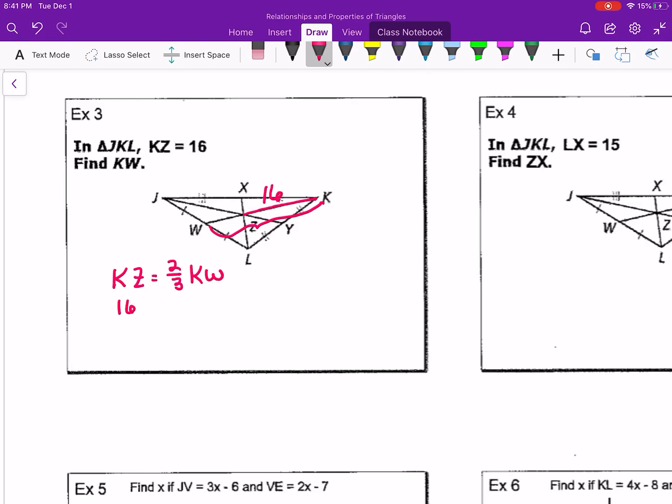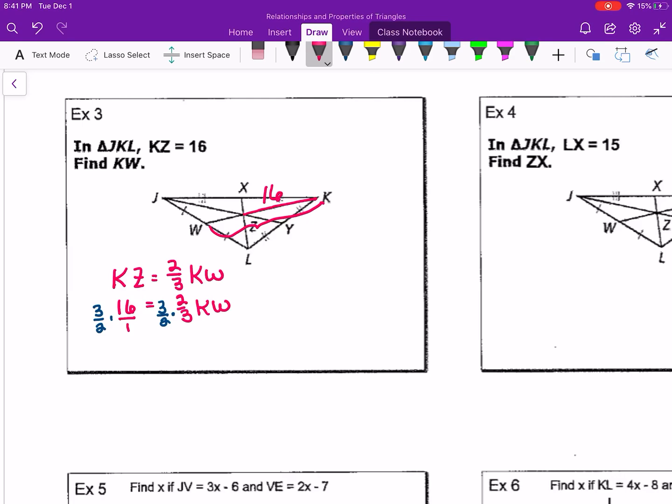Substitute in what we know, 16. Get rid of that 2/3 by multiplying both sides by the reciprocal of 2/3. Now either multiply straight across, 3 times 16, and then divide by 2.